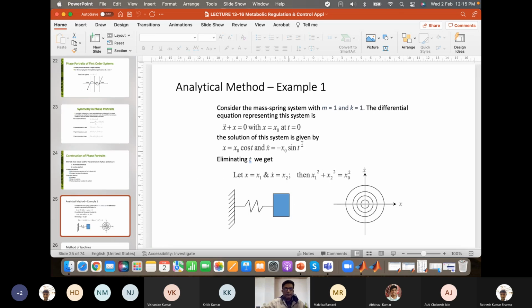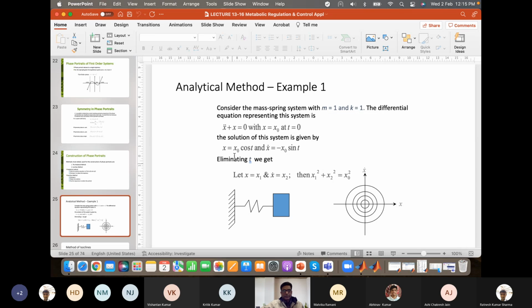So let us look at the analytical method for the first example that we have done here. So here we know that m is equal to 1, k is equal to 1, and then you look at the equations. So x double dot plus x is equal to 0, and at x equal to x0 and t equal to 0, you can find the solution.